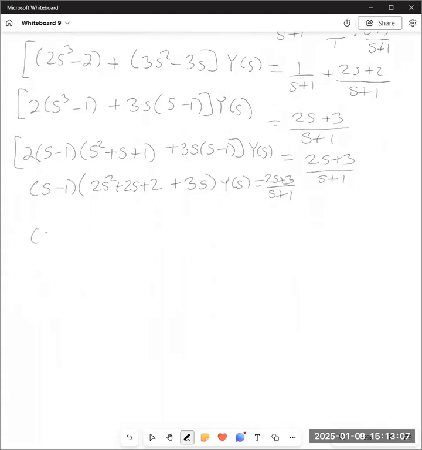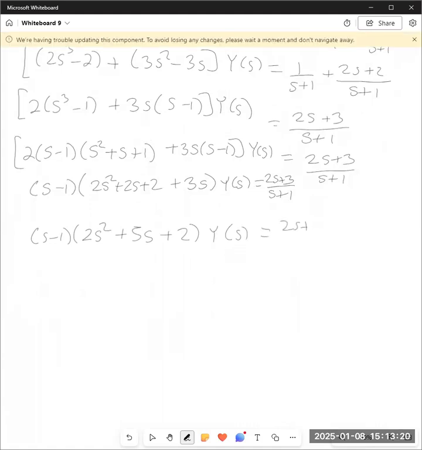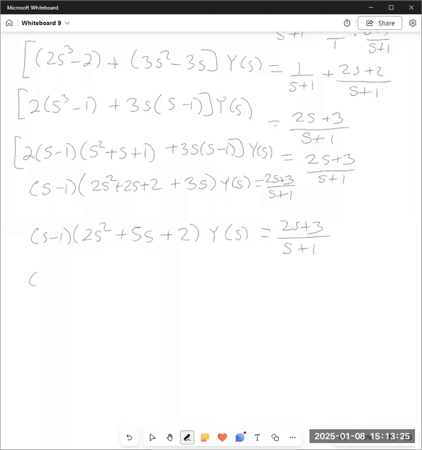This is s minus 1 times 2s squared plus 5s plus 2, capital Y of s is equal to 2s plus 3 over s plus 1. This is going to factor a little more. It's s minus 1, 2s plus 1, s plus 2. 4 and 1 makes 5. Capital Y of s is equal to 2s plus 3 over s plus 1.